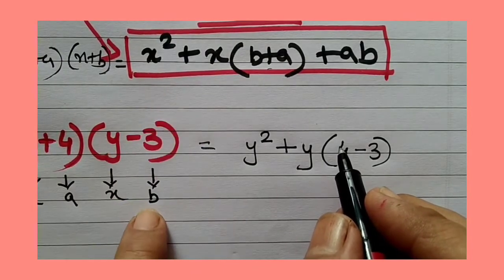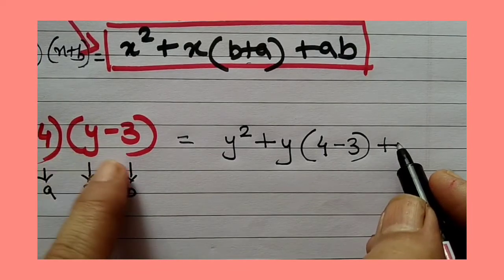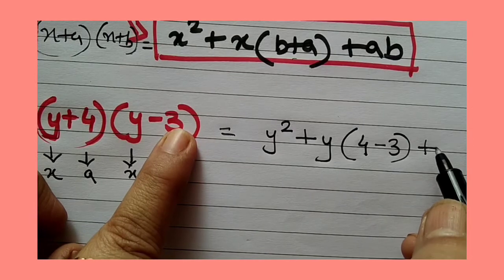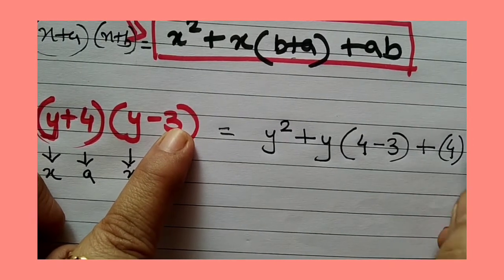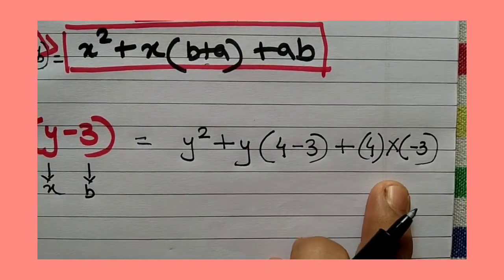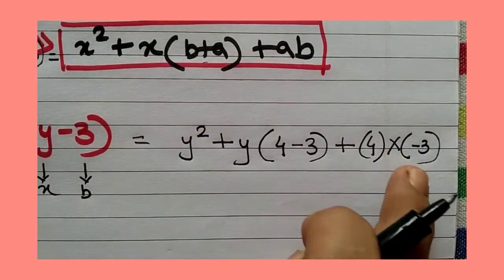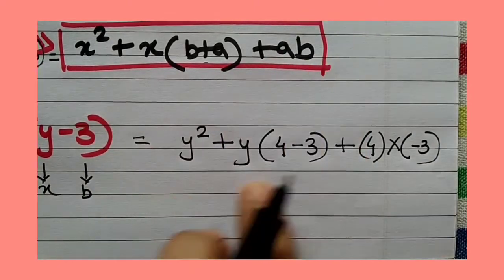So the whole −3 is b. Plus a into b: what is a? 4. So 4 multiplied by −3. Why is b −3? Remember that whenever there is a minus sign, you have to take the minus sign also with the number. This is very important.